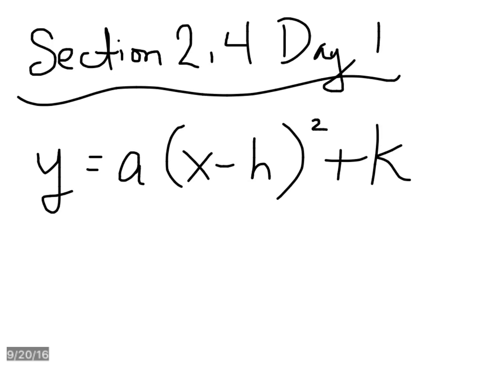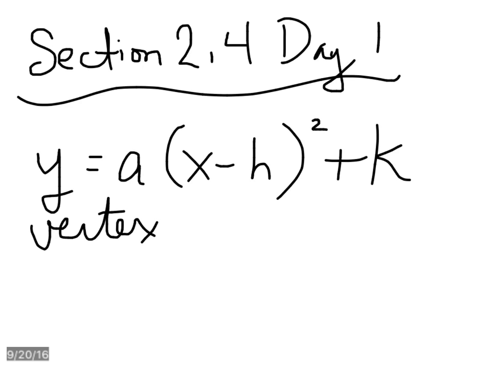Vertex form, which was a(x minus h) quantity squared, plus k. Or intercepts form, which was a(x minus p)(x minus q). That one. So which one is this? It's vertex form. Okay.